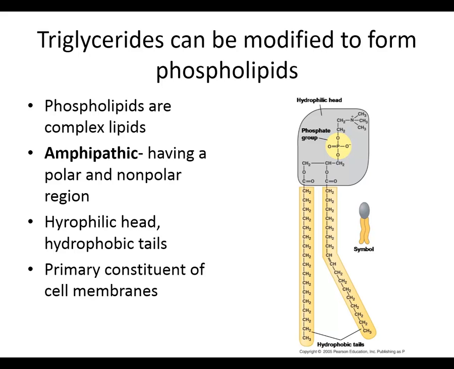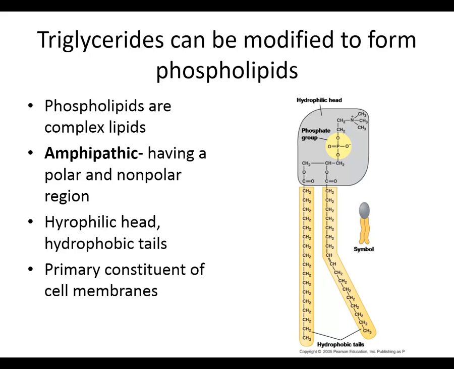So this is polar. The tails, though, are lipids. They're nonpolar. So is this molecule polar or nonpolar? Answer, it's both. It's all of the above. The head is polar. The tails are nonpolar. And that's important. So that makes the molecule what's called amphipathic. That means having polar and nonpolar regions.